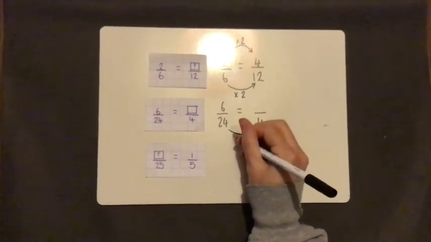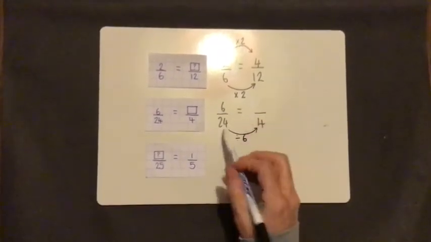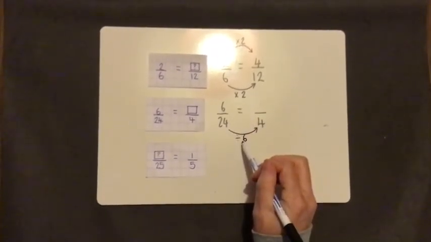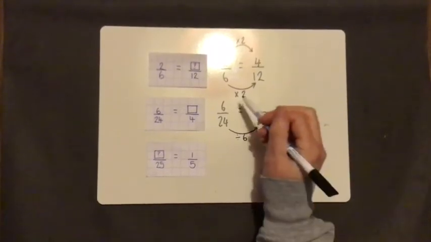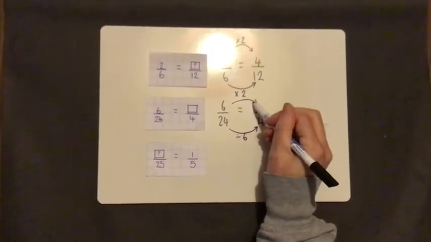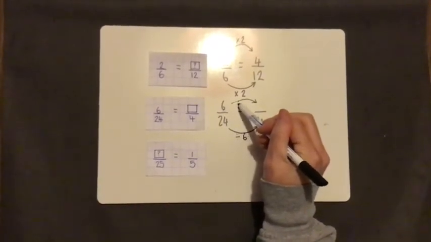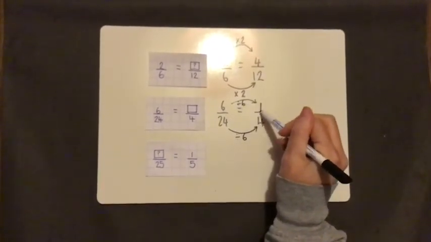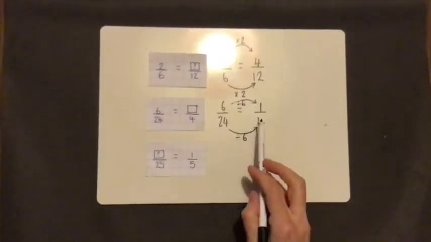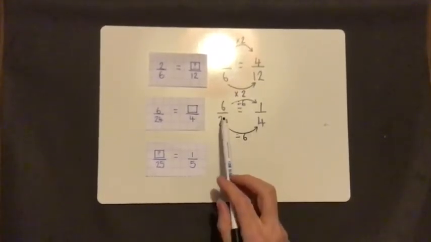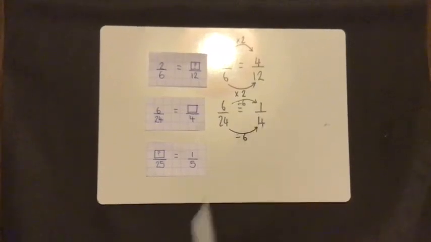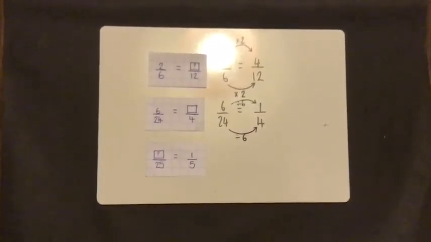Well, I can divide by 6, because 24 divided by 6 is 4. So I'm going to do the same to the top. 6 divided by 6 is 1. So therefore the answer is 1/4. 6/24 is equal to 1/4.